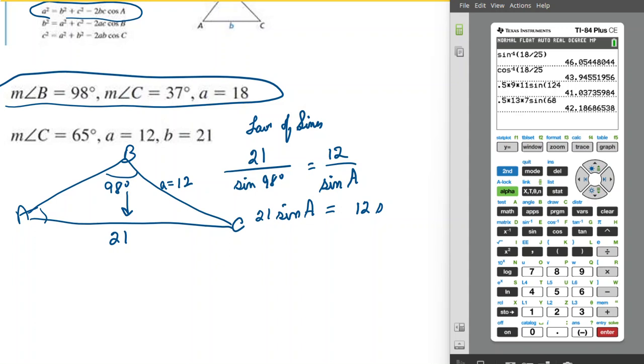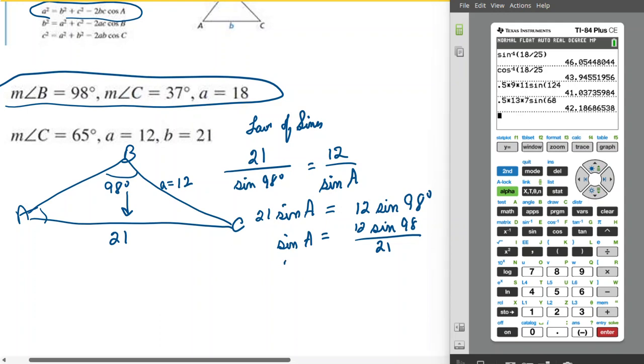Always put the number in front of the trig function. Now I'm going to divide by the 21. And now I'm going to do the inverse of it, so that the measure of angle A is going to be sine inverse of that.